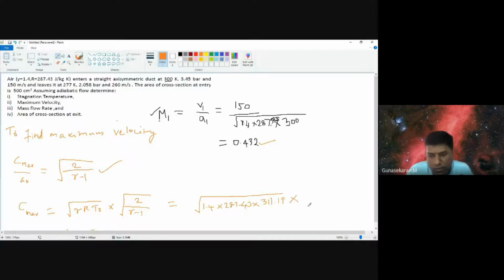Into square root of 2 by 1.4 minus 1. So you know the formula, then please substitute and get the value. So Cmax, you have to find out by calculating.